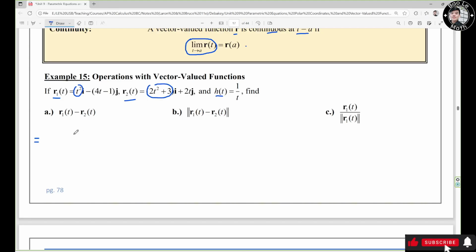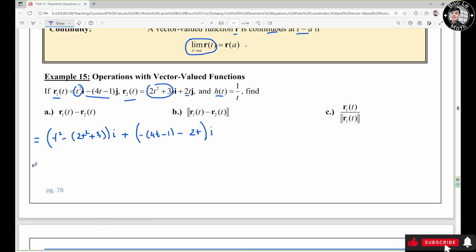So we have t squared subtract 2t squared plus 3, and that's the i component. Plus the next one, negative 4t minus 1 subtract 2t right here, that's the j component.